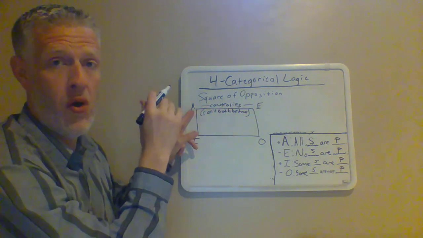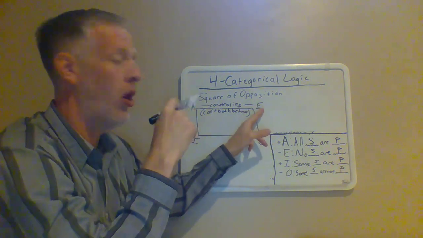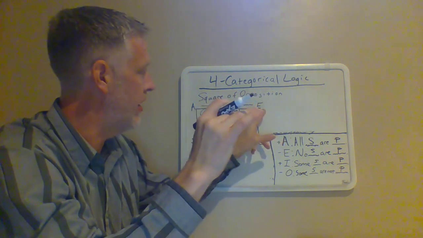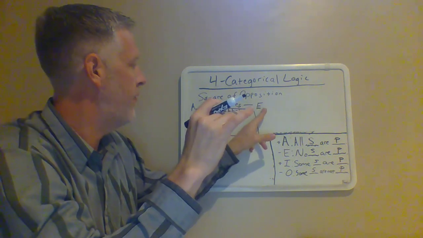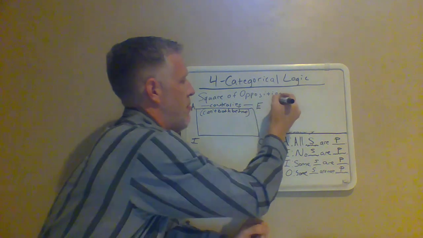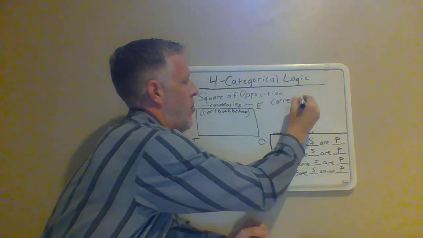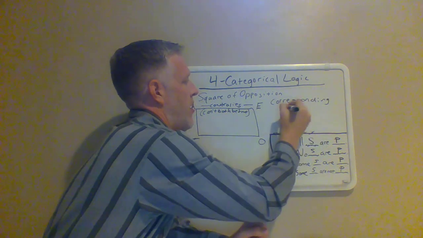So if we know that a standard form A claim is true, then we know that the corresponding, I should define that in a second, the corresponding standard form E claim will be false because they can't both be true. So what do we mean by corresponding? This is essential here. I should have started with this. Corresponding claims.